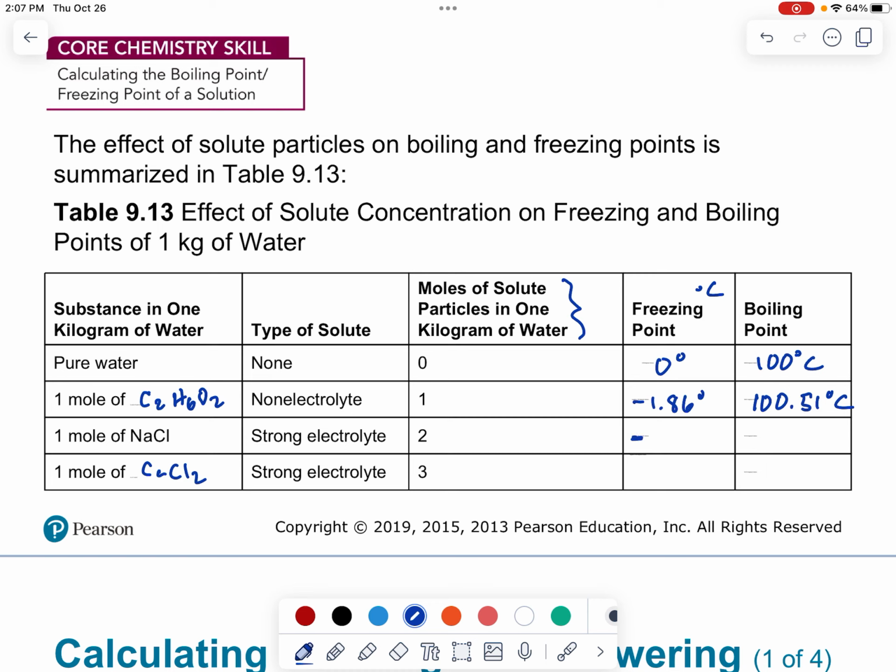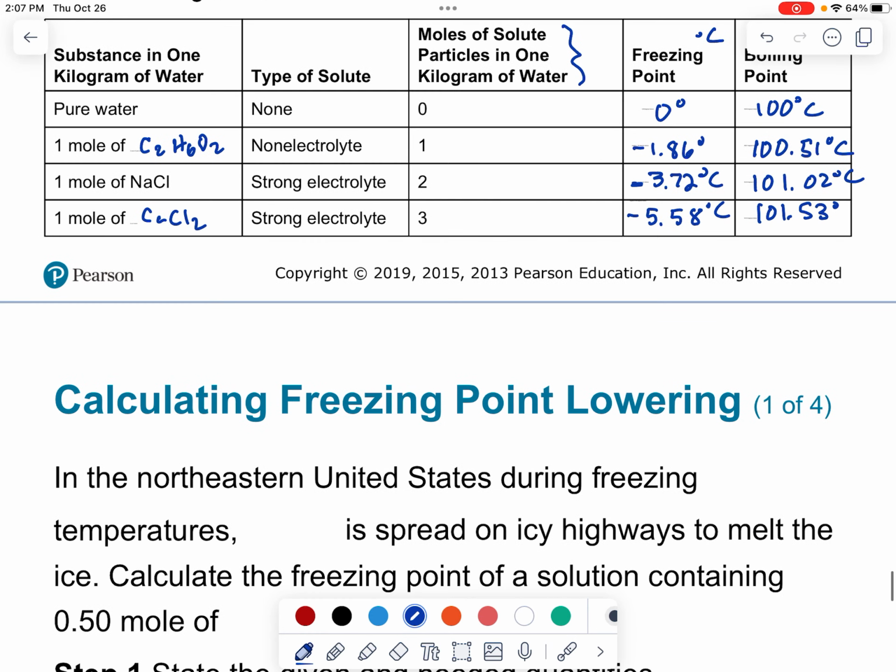Sodium chloride, which has more particles, will drop the freezing point by more and raise the boiling point by more. And then calcium chloride does it even more. So you see, the more particles in solution, the more the freezing point and the boiling point are altered.